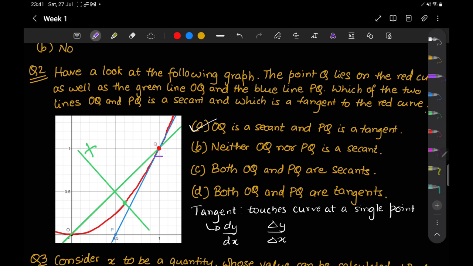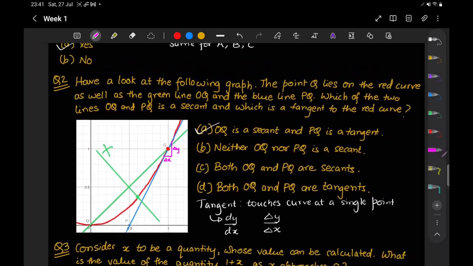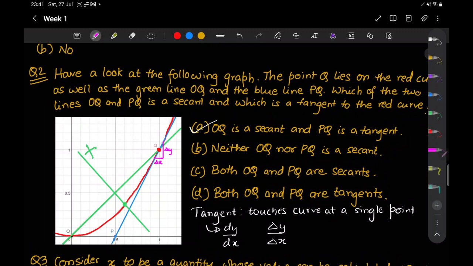So this much is delta x and the corresponding change is delta y. If you do this delta y over delta x, then you get this slope.